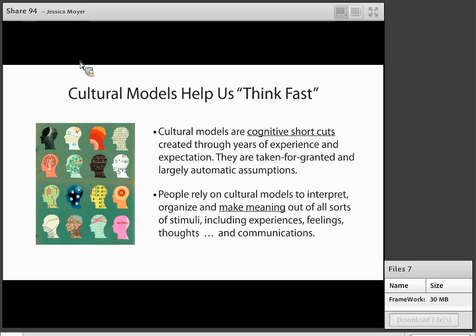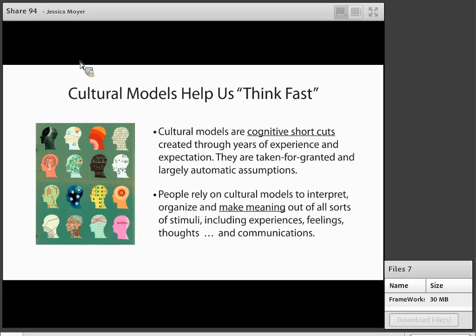But the idea is that these are the underlying models that help inform how we see the world and how we make sense of new information. They help us think fast because they're shortcuts, but when we rely on cultural models, it also means that we're not necessarily digging deep. We're not necessarily thinking critically.